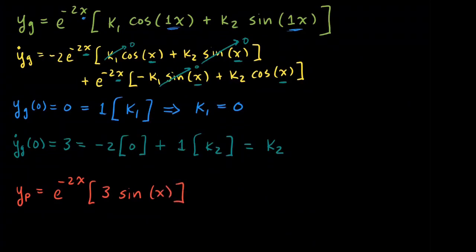I can write that a little differently: 3 e to the minus 2x times the sine of x. So that is the solution to that linear second order homogeneous differential equation.